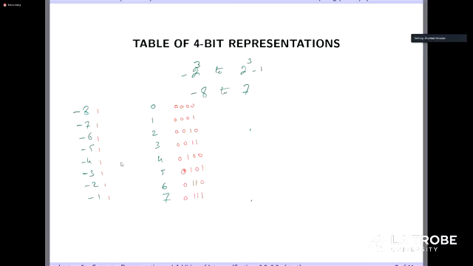For negative 8, it would be... Do you agree with that? How many of you agree with my answer? Raise your hand. One. How many of you agree with that?